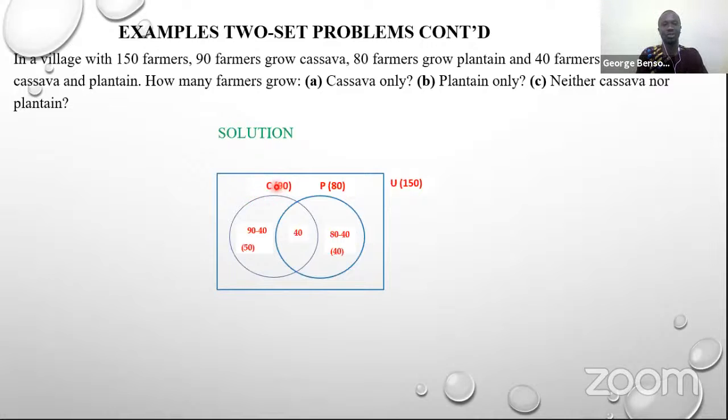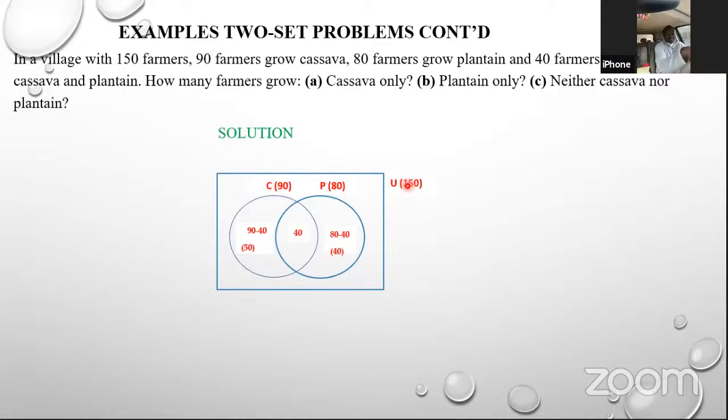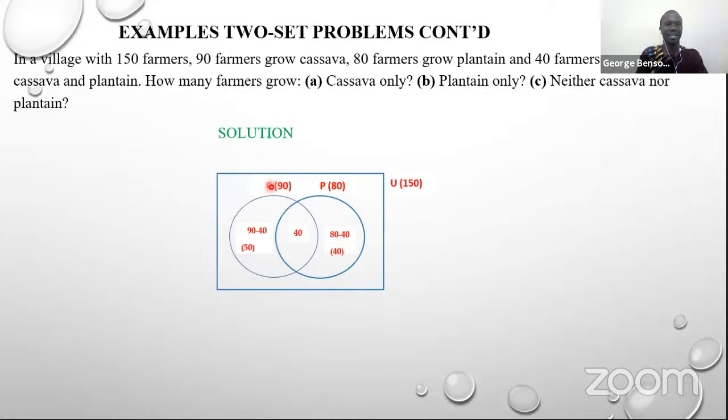If I decide not to let C be cassava, I can choose any variable and the marking scheme must accept it, so long as you have defined your variable for your cassava, your plantain and the universal set. But by default, we are choosing C to represent cassava, P to represent plantain, and U to represent the universal set.